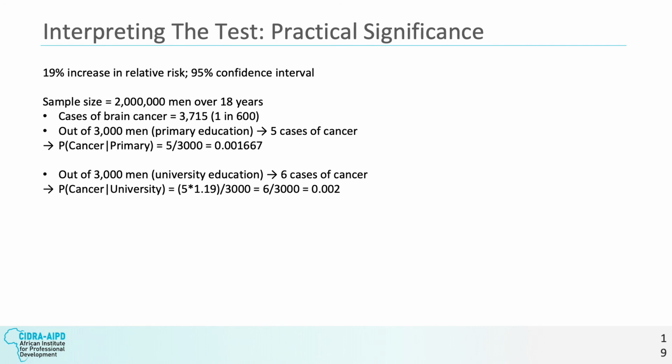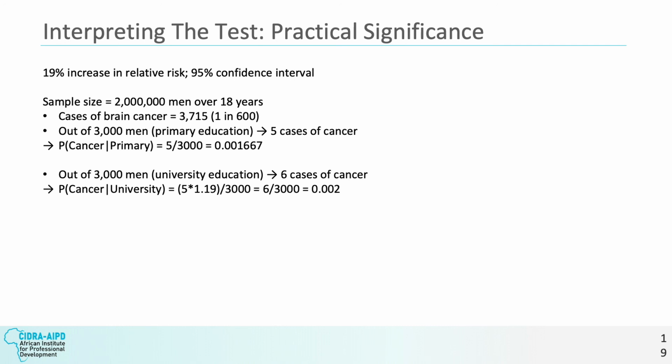A 19% relative increase over 5 cases is 1 additional case. In other words, only 6 men with a university education are expected to develop brain cancer out of 3,000.